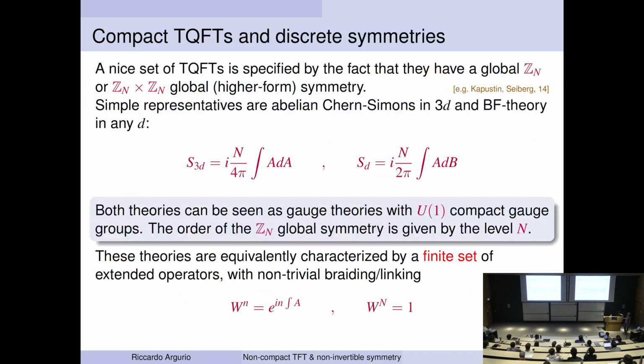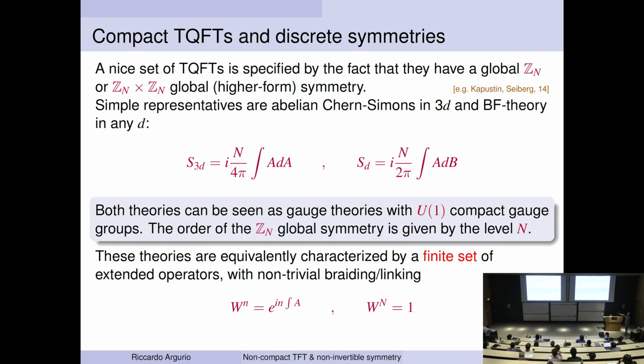Let me also review very quickly what I will now call compact topological quantum field theories. I'm not sure it's exactly the same precise mathematical terminology that was used this morning. I'm a physicist by background, so I'm not going to delve into the classification, but just examples.